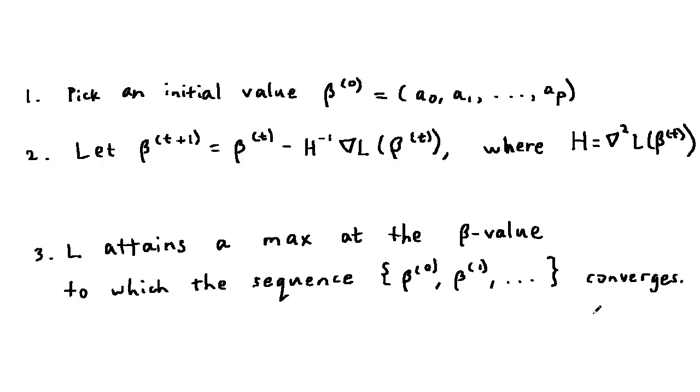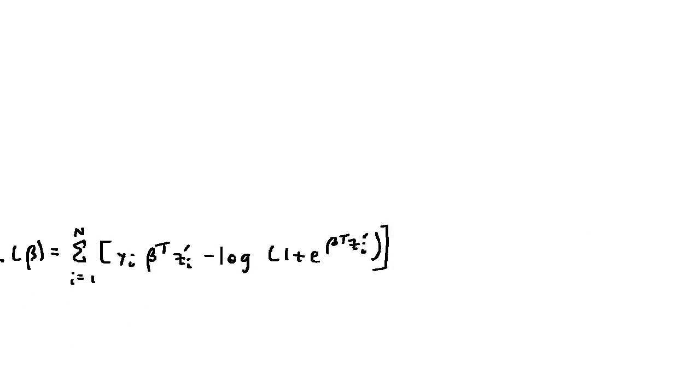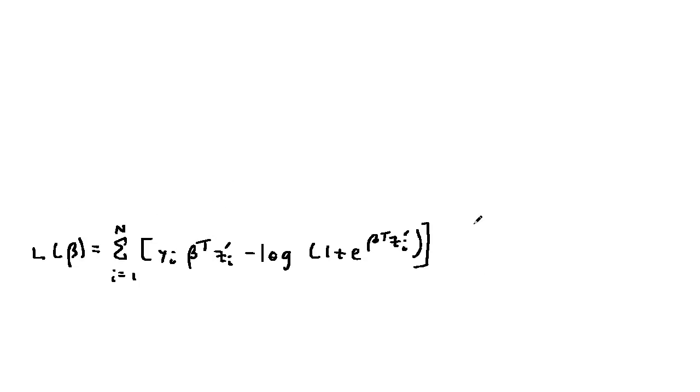To apply the Newton-Raphson method, we need to find the gradient of L and the Hessian of L. Recall that L of beta is given by this.